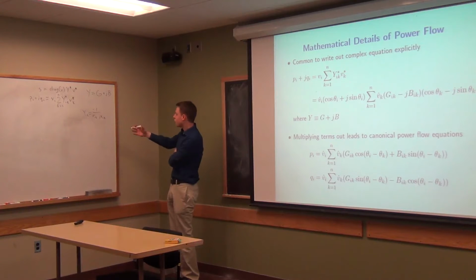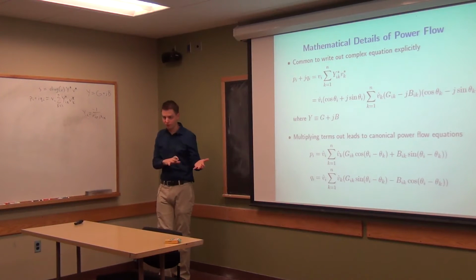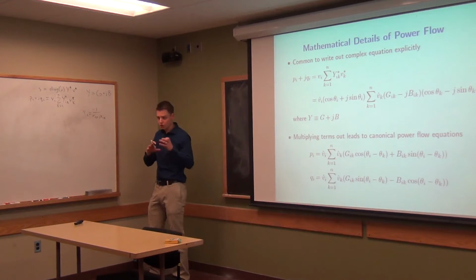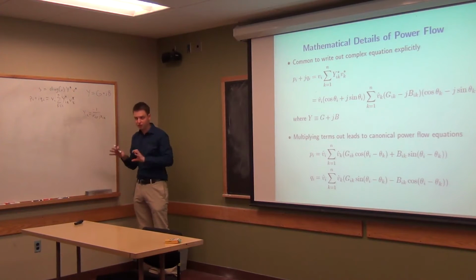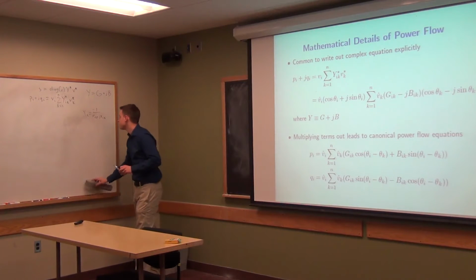But it's important to note that G in general does not just equal negative 1 over r_ik, and B does not equal negative 1 over x_ik. You have to do the actual complex inversion here, and you get a new complex number with a real and imaginary component. But it's not like you can do it element-wise. So just keep that in mind.